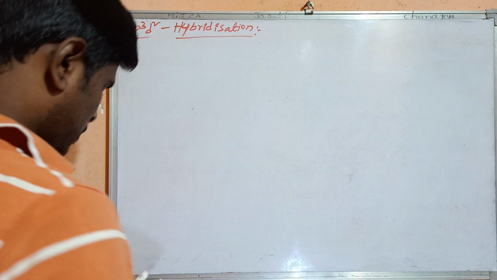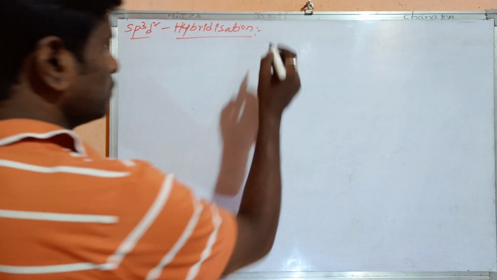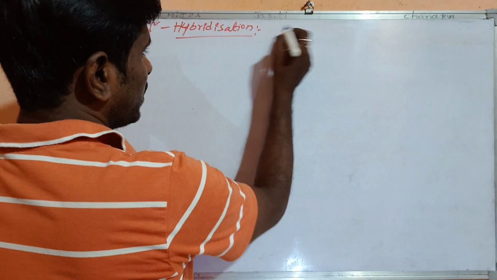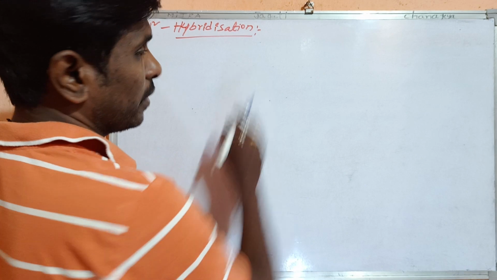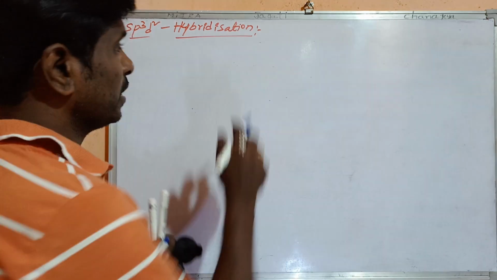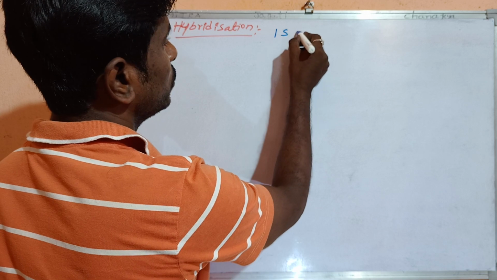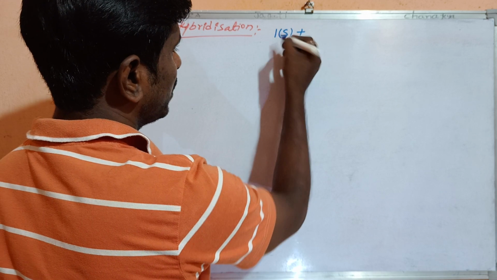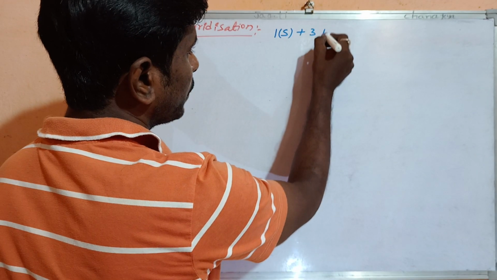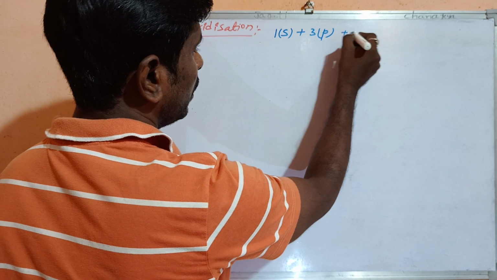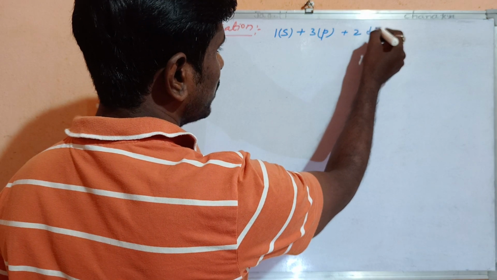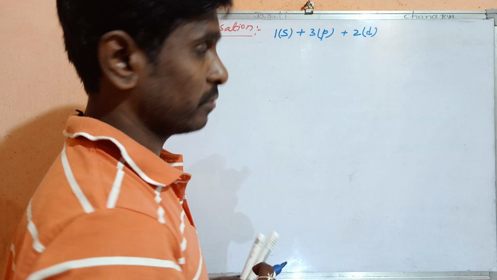Okay, in sp3d2 hybridization, the pure atomic orbitals intermix: one s orbital, three p orbitals and two d orbitals are intermixed with each other.